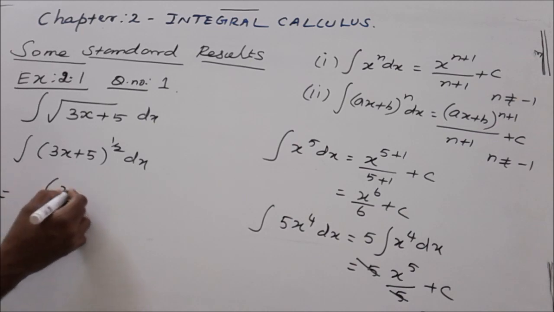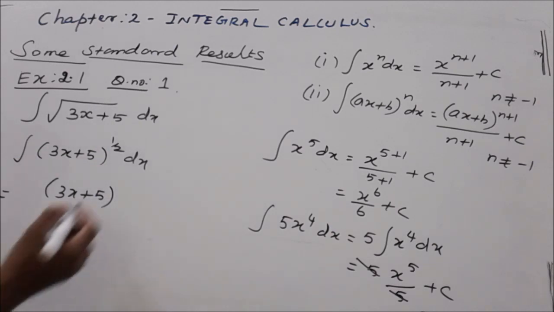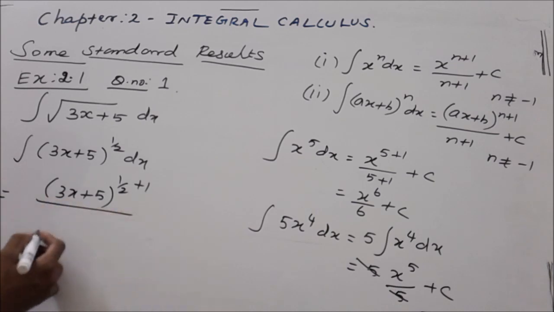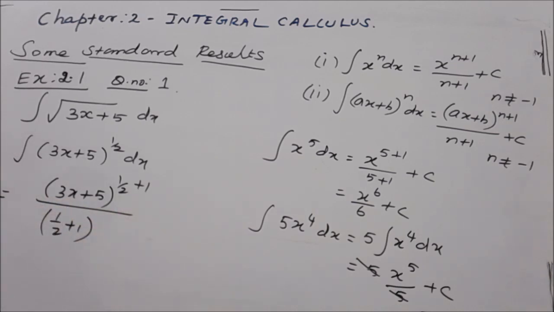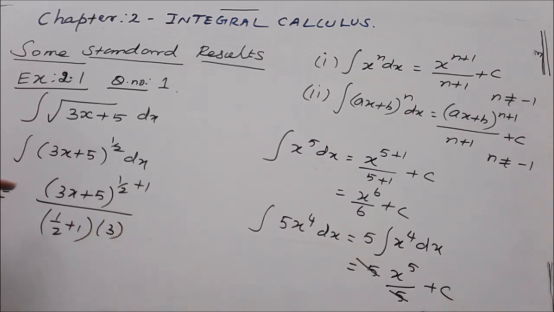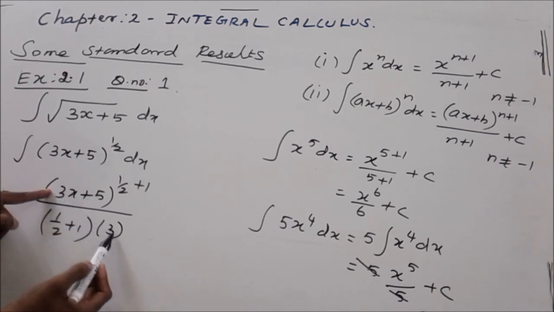That is equal to ax plus b, here 3x plus 5, whole power n plus 1, that is 1 by 2 plus 1, divided by 1 by 2 plus 1, into the constant a also multiplied here, into 3. Because in the formula, if the coefficient of x is other than 1, we should multiply the same constant in the denominator.